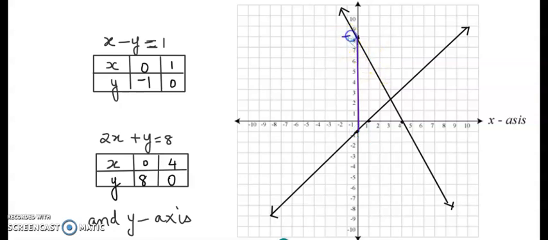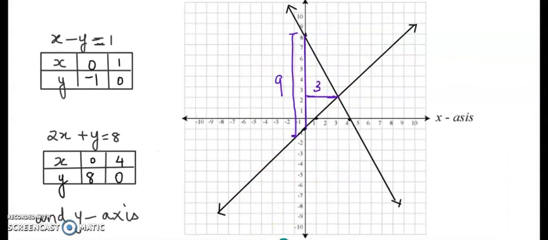So from here to here, it will be 9 positions. And the height will be from here to here. That is 3. So for this triangle, the base, because it's with the y-axis, is 9, the height is 3, from minus 1 to 1. So 1, 2, 3, 4, 5, 6, 7, 8, 9, the boxes.